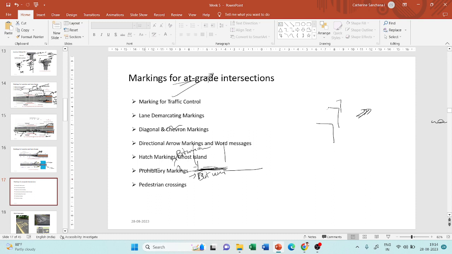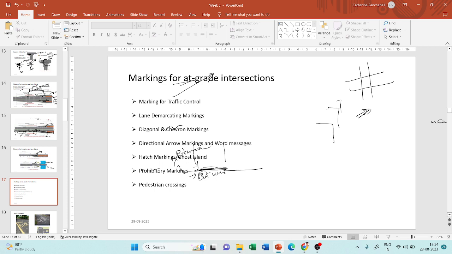Now moving on to markings at grade intersections, right? So last time itself we saw what at grade intersections are. If two roads intersect, we call it an intersection, right? So if they are intersecting at the same level, we will call it an at grade intersection, right?